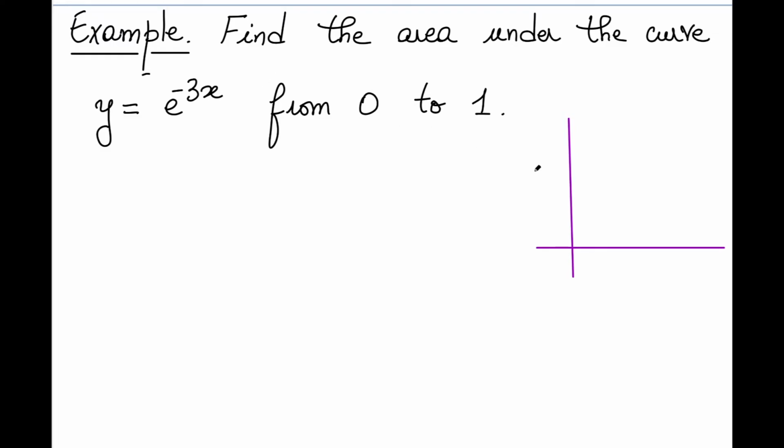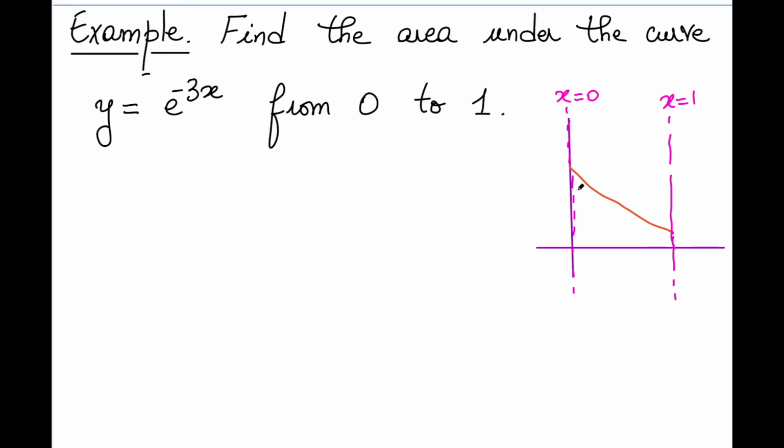So whatever it is, maybe something like this, and between 0 and 1. This is x equals 0, and this is x equals 1. Make sense?